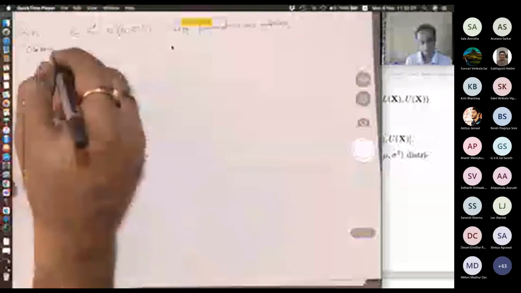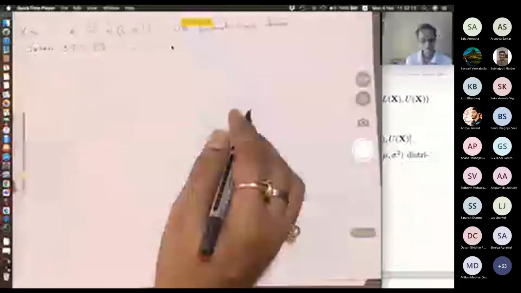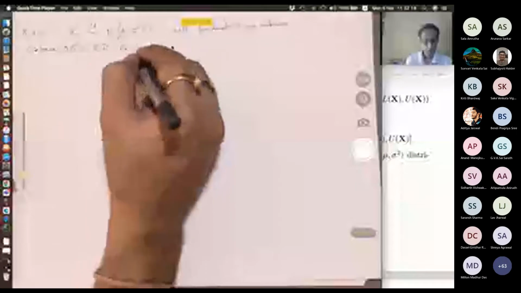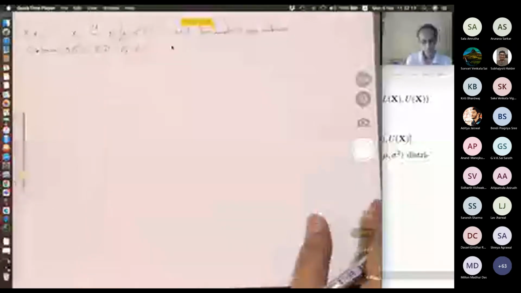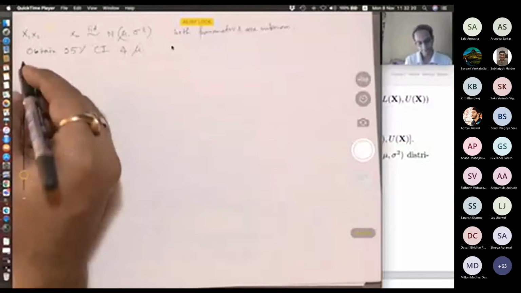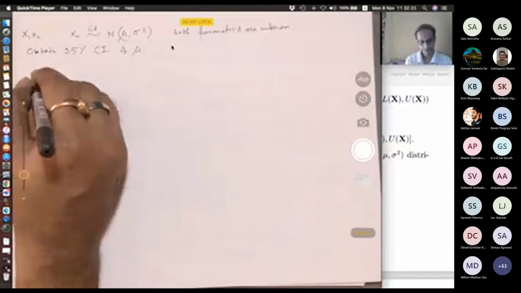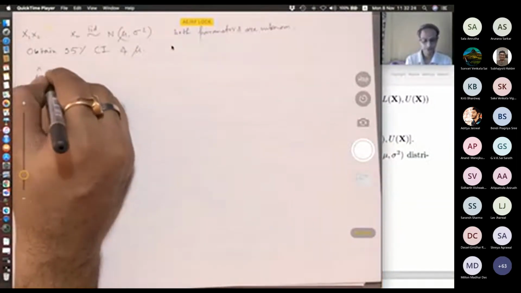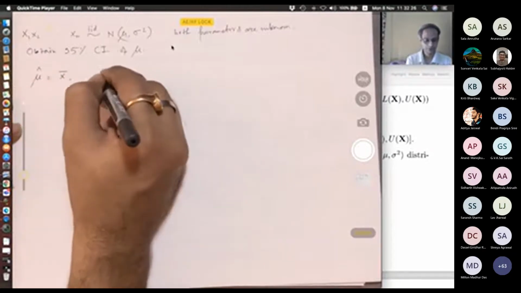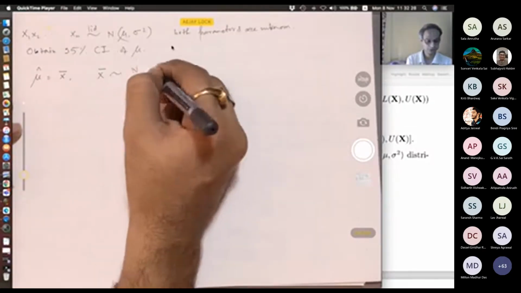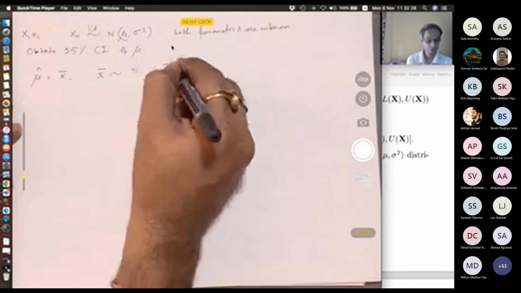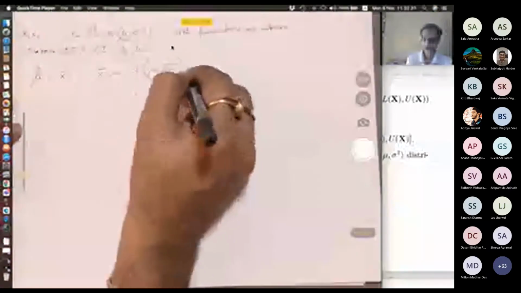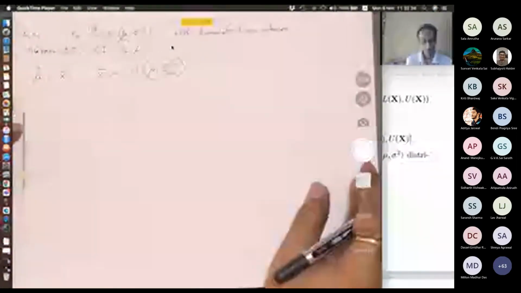Now obtain, say, a 95% CI of mu. Okay. So go by the same way: mu hat is x bar. X bar follows normal(mu, sigma square by n).